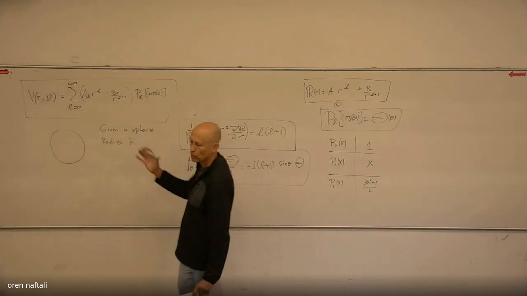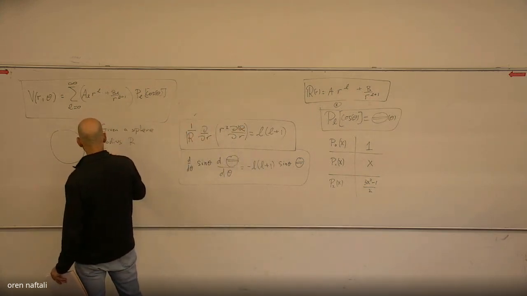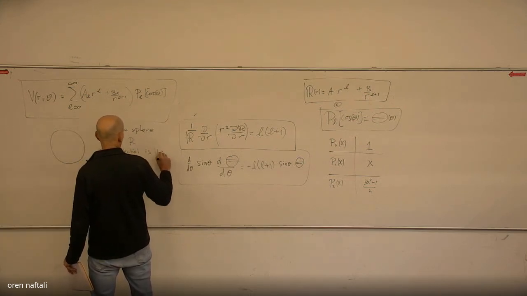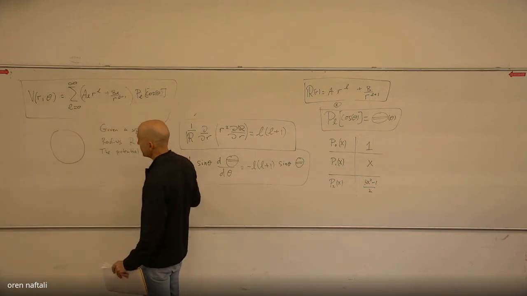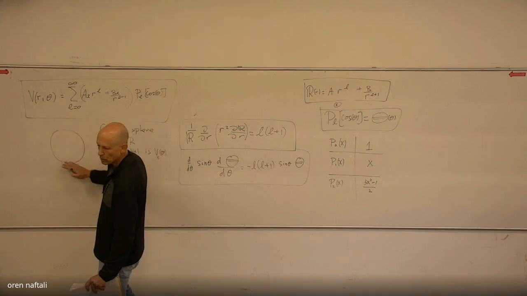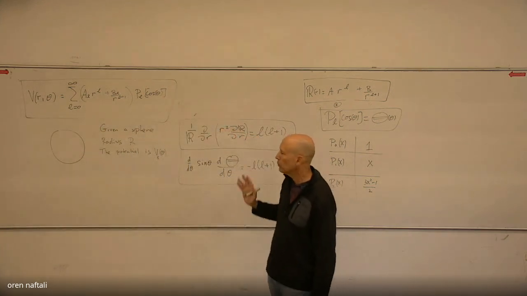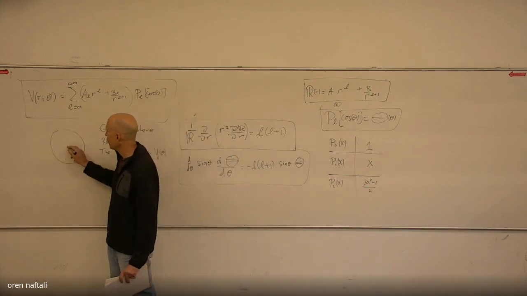There's a potential on this sphere, and the potential is V of R of theta, which means on this sphere, I assume that different points theta have different values, something that can be very general. And this is the boundary condition, and I'm working inside.